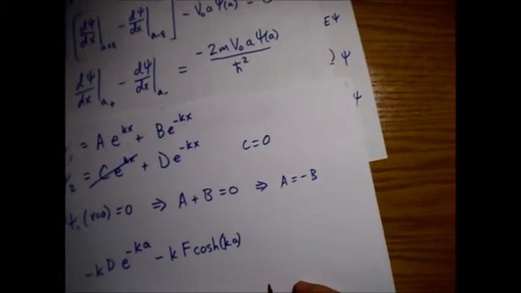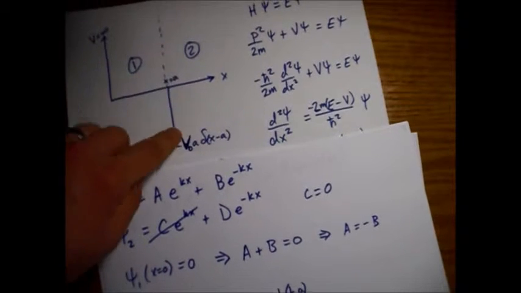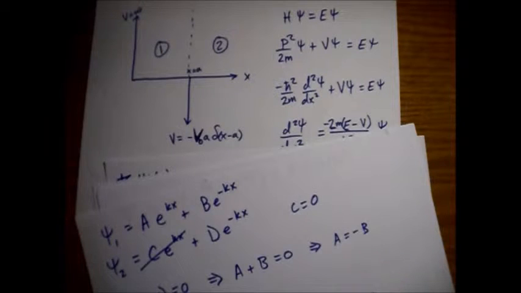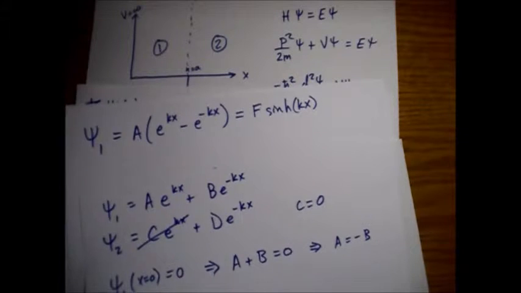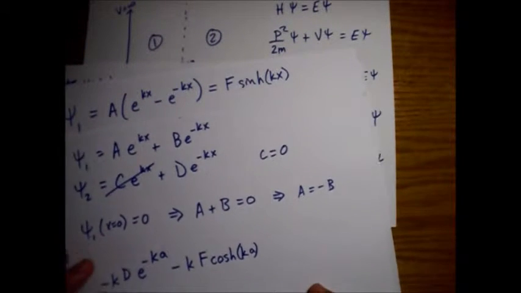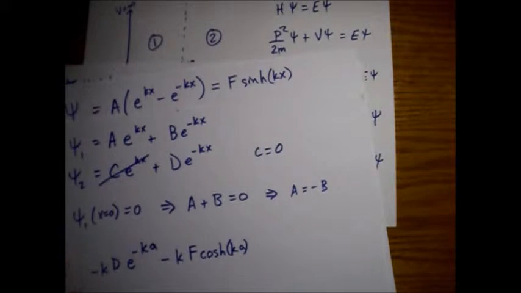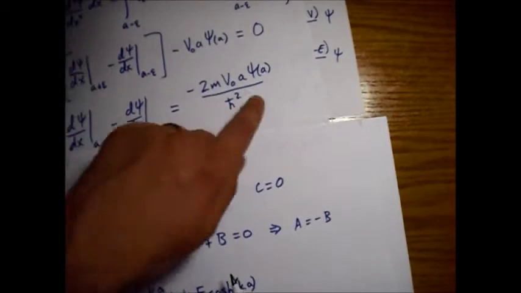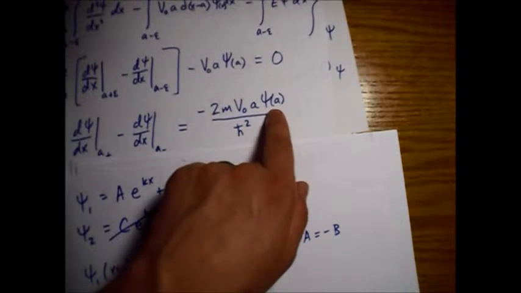All right, so another condition that we have to meet is that at this boundary here, even though the derivatives may be discontinuous, the wave function itself must be continuous. So this just tells us that when we put in this side here, we can pick either psi 1 or psi 2 to put here.